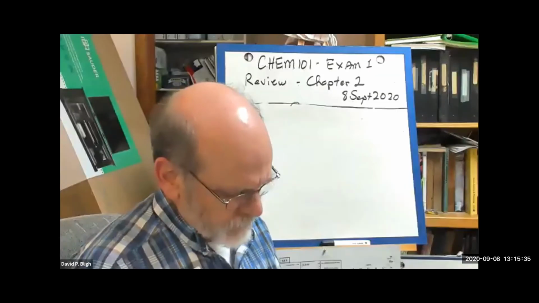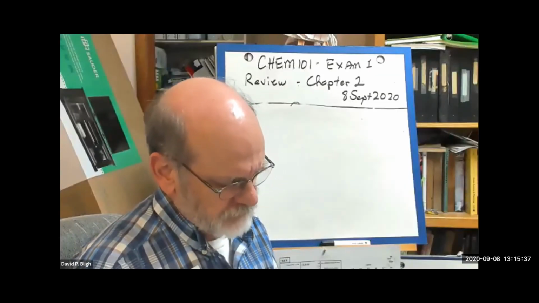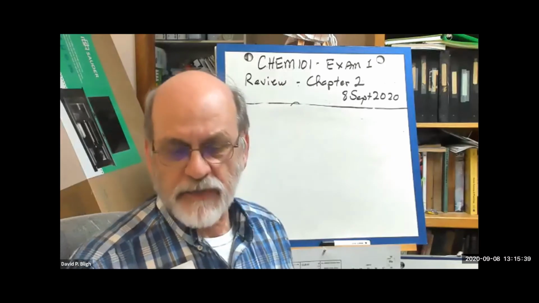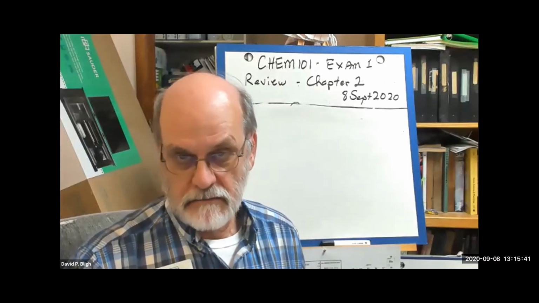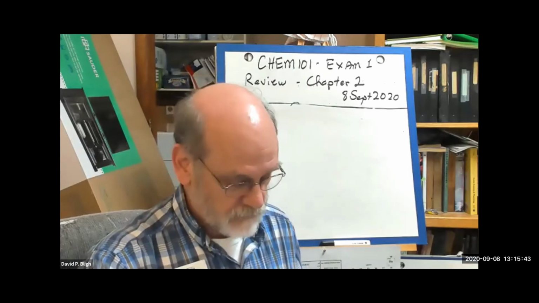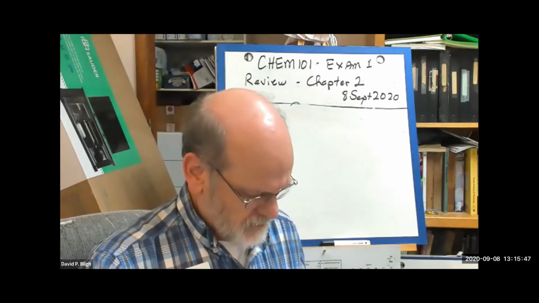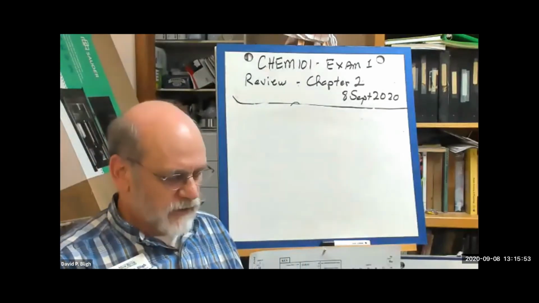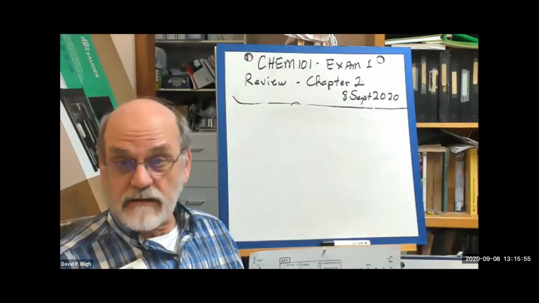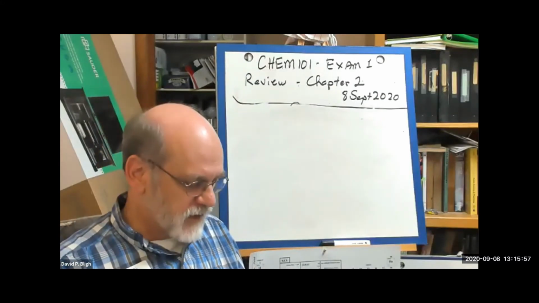Let's see. 32 through 36. That's just matching up symbols with names, so you just got to memorize those. Characteristics of metals: metals are good conductors of heat, good conductors of electricity.